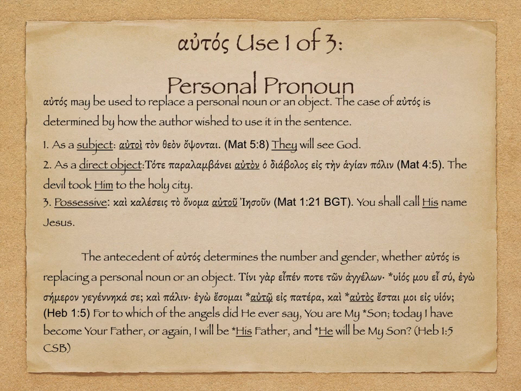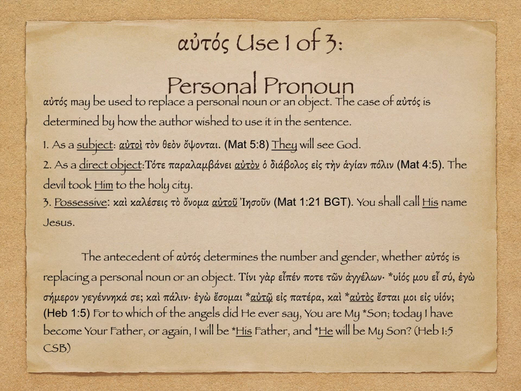But notice here, huios, son. I have an asterisk by the son in English and huios in Greek there. That's the antecedent of autos. And huios is masculine singular, so the number singular and the gender masculine is going to determine the number and gender of autos and how it's used.